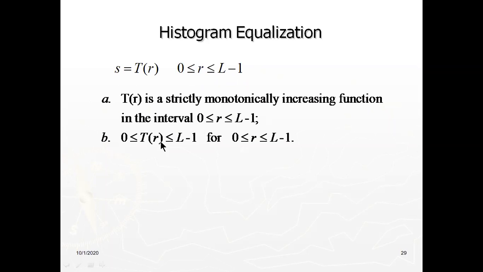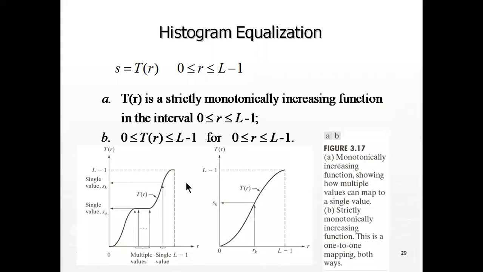So 0 less than or equal to T(r) less than or equal to L minus 1 for 0 less than or equal to r less than or equal to L minus 1. These two are monotonically increasing. This one is monotonically increasing, showing multiple values can map to a single value, but strictly monotonically increasing is this, continuous. There is no constant here.